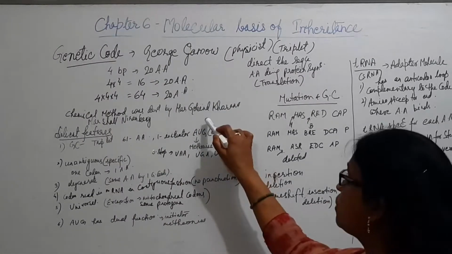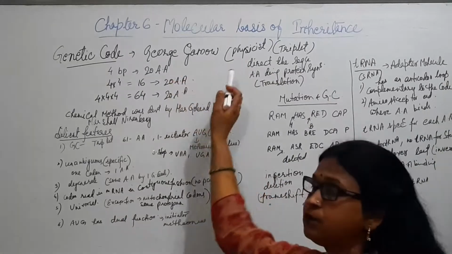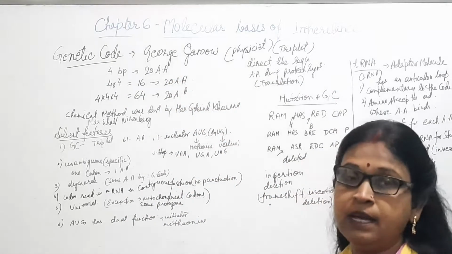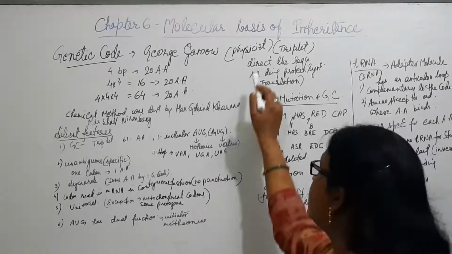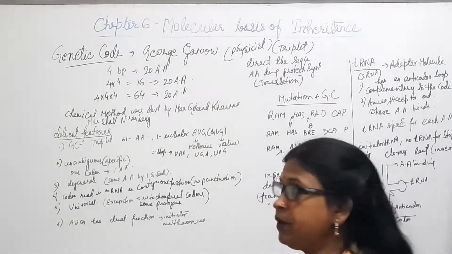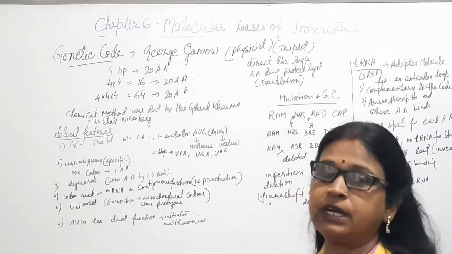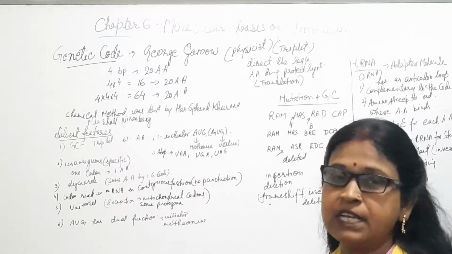That's why the genetic code is of triplet type. George Gamow, who was a physicist, gave this proposal that the genetic code is triplet in nature. And for proving it, many scientists have done a lot of work, different groups have given different experiments.